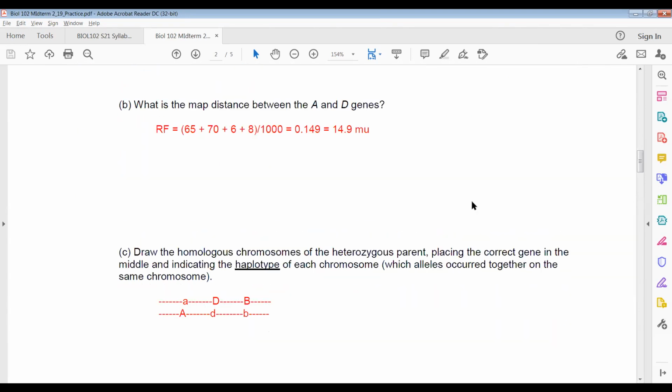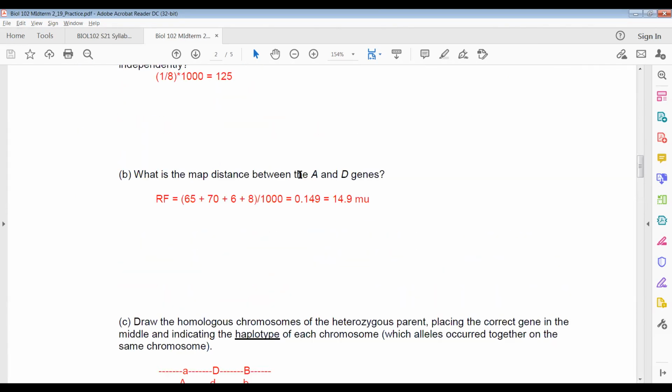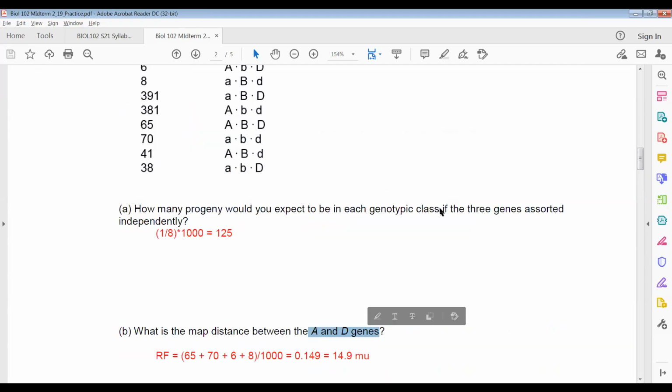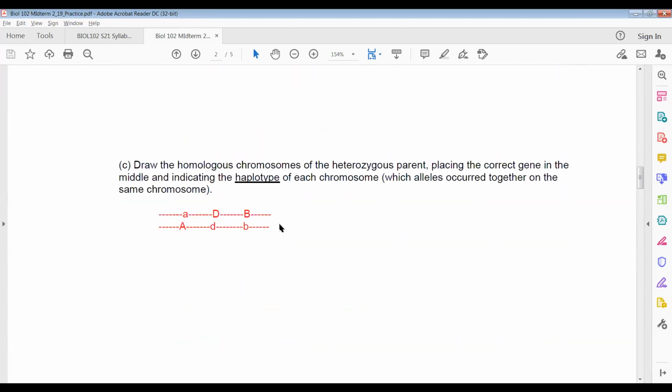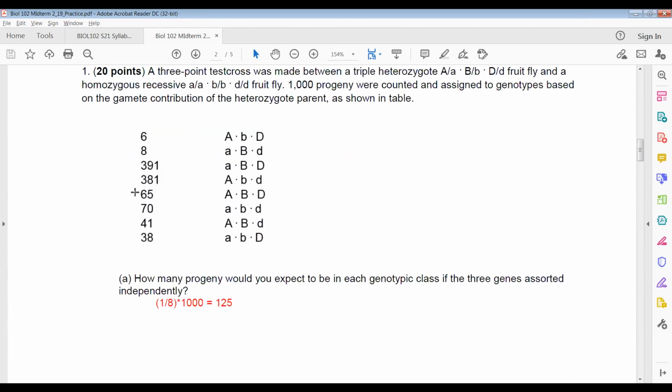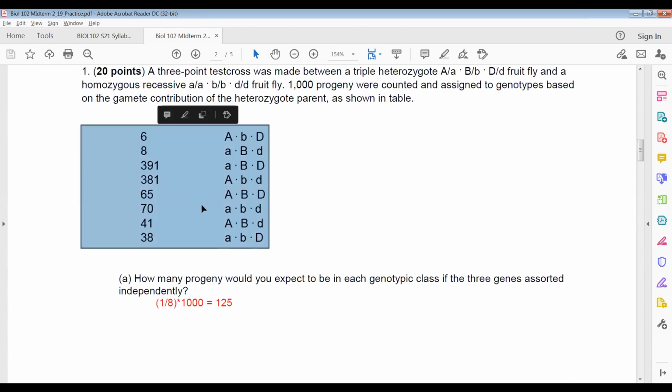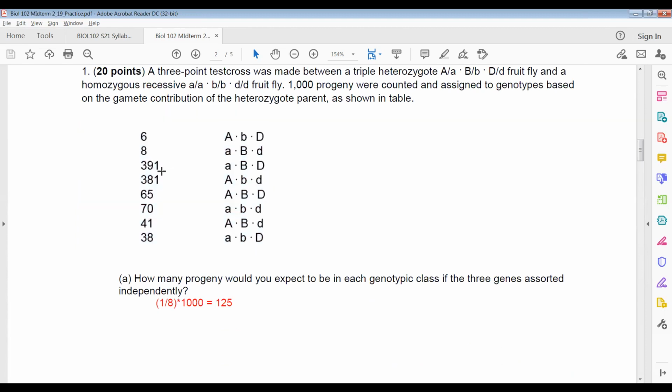Next, what is the map distance between A and D? Before you answer this question, you have to derive the map first. So how do we do this? In this data table, you see these big numbers here, the 391, 381. The reason they are big is because they are parental type, with no crossover.